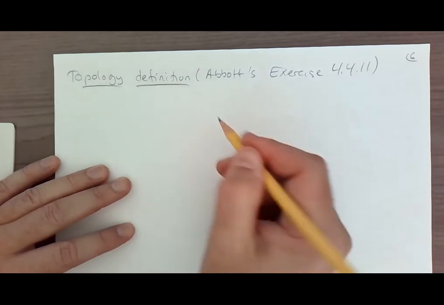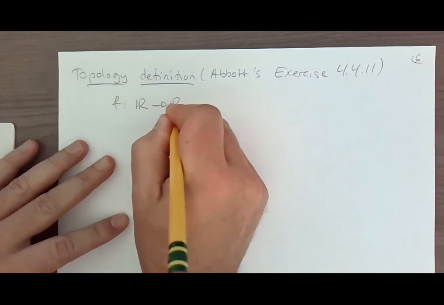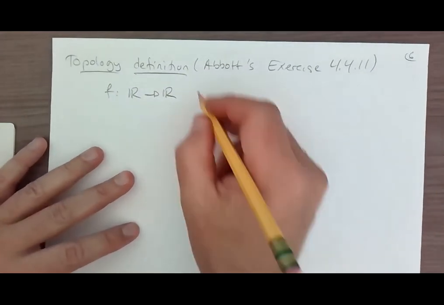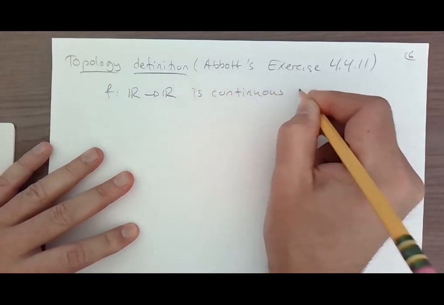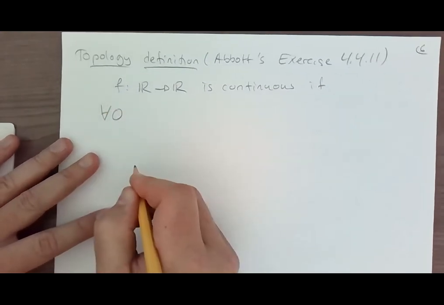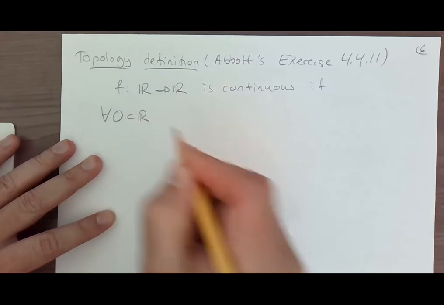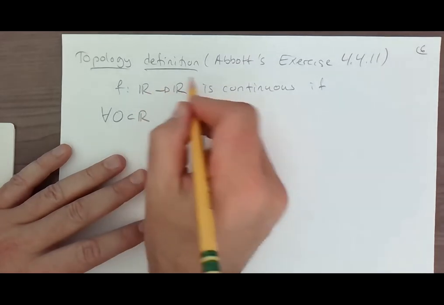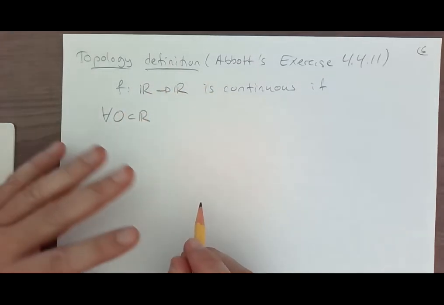The topology definition is that if I take a function, so I'm going to start with the domain being R, because this is what Abbott does in his exercise. This is continuous if the pullback, so for any open set in R, so we can put D's and M's here. This is okay. This definition here works in full generality.